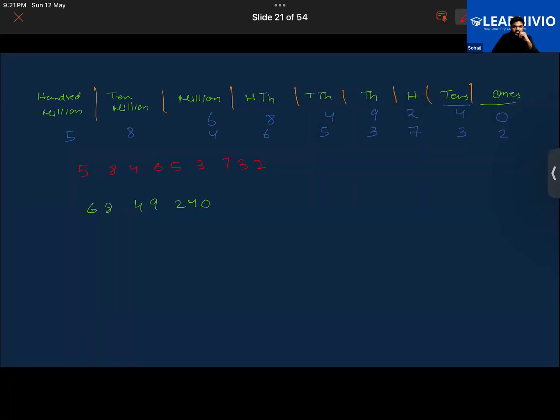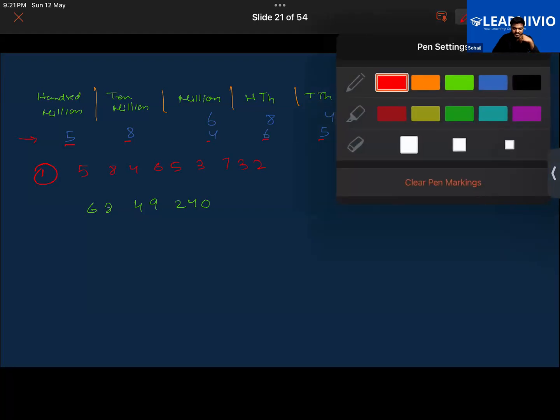Habib, you also do this. Sumaya, you also do this. Which one do I read? This one. The first one you have to answer. 584653732. You guys not getting it?